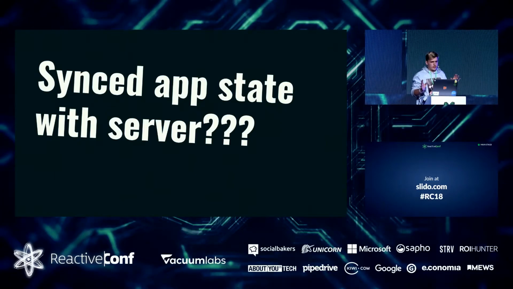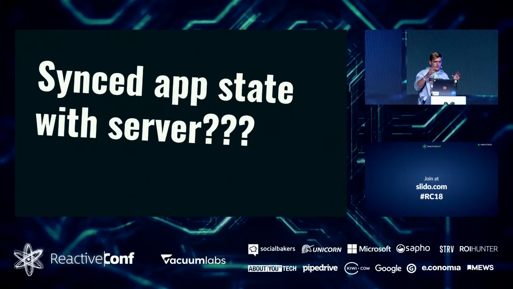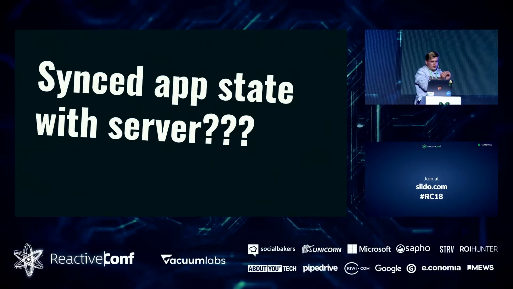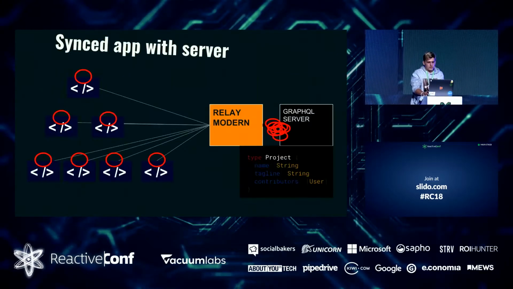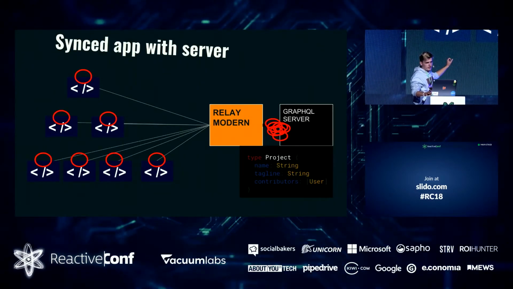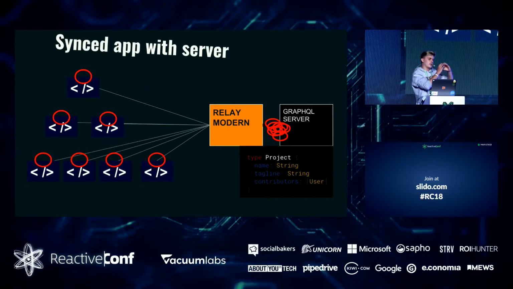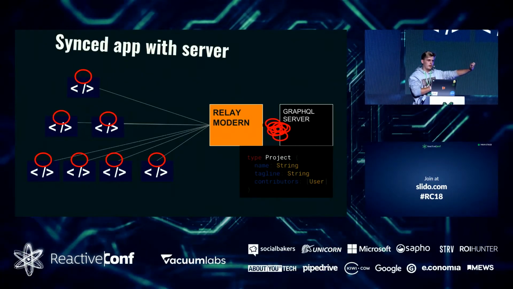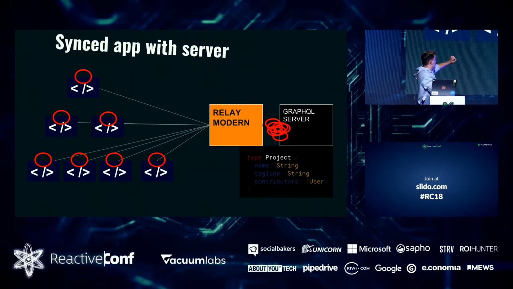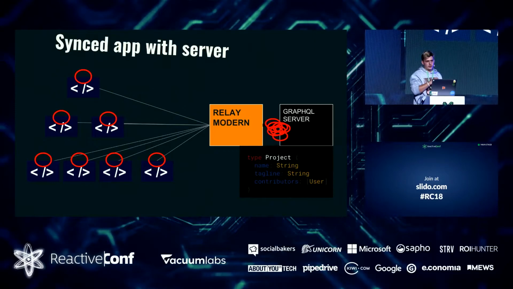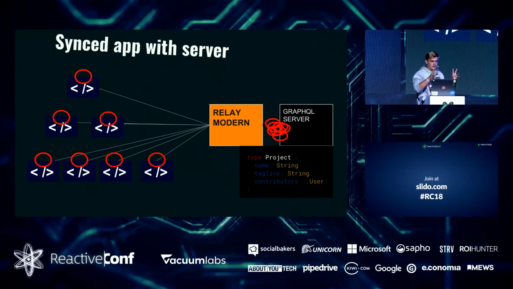Now try to imagine that the state of your single-page application is synced with the server. If each component in your application fetches data directly from the server, you can know the data types which the backend will return, because there is this GraphQL schema.